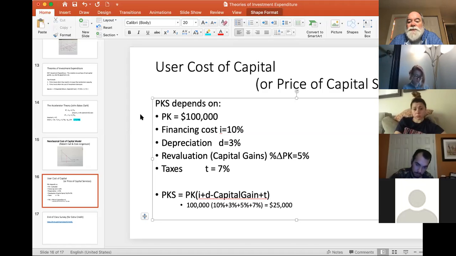Now, any questions about that? Notice that these variables here are all things that the firm would have access to. Okay, now, since we're talking about truck rental, probably we would want to add insurance in there, right?